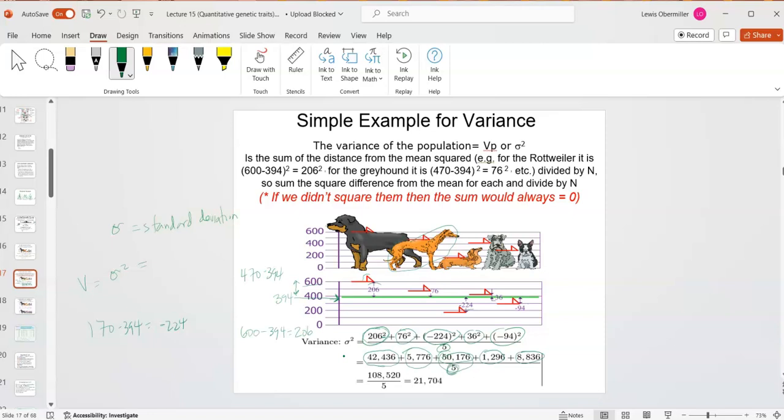We divide them all by 5. So this is the total, we're summing them all together. 108,520 divided by 5. So the variance, the variability in the population, is 21,704, which is the square of the difference from the mean.